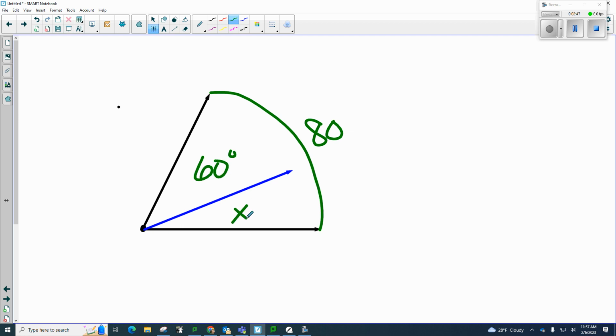What is angle X going to be? If you know that these two have to add up to 80, but you have the 80 already, if you take away the 60, you can find what is left. So 80 minus 60 would give you 20. So that means that this angle here is 20 degrees.